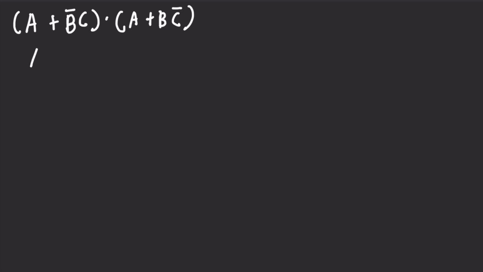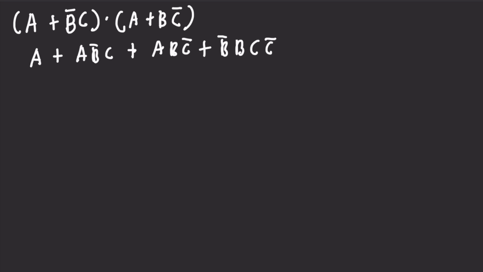So we'll get our A here and our plus A, B naught, C. Then we're going to go ahead and get our A, B, C naught. And we're going to multiply these two together, which will get B naught, B, and C naught.